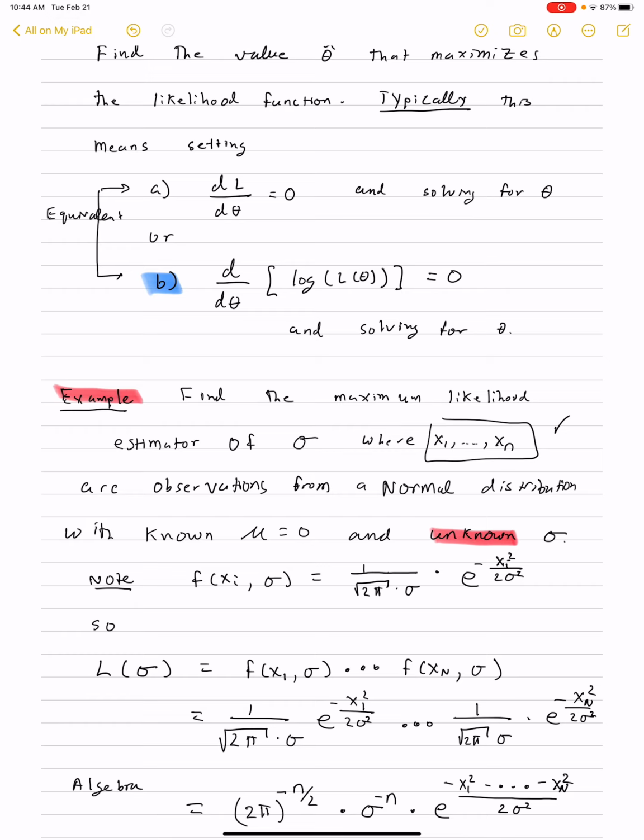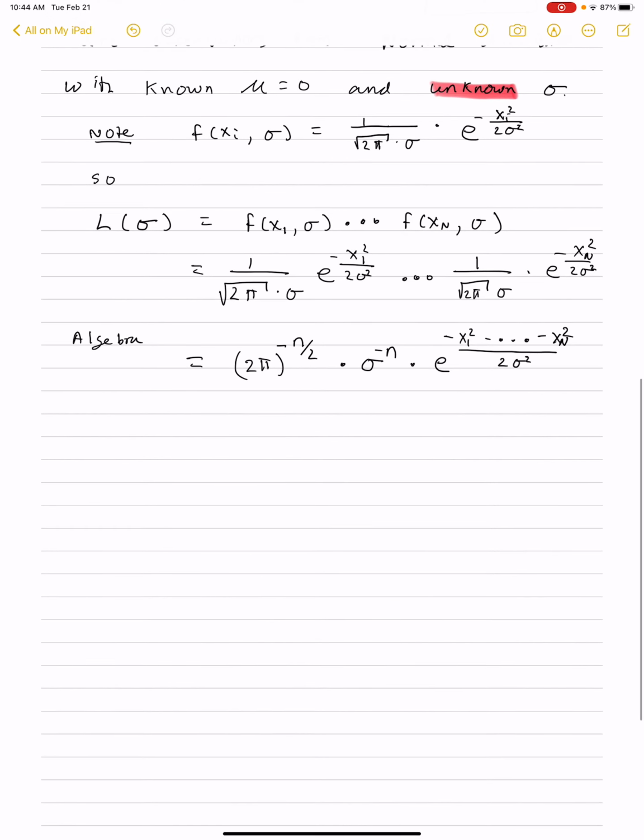Okay. Now, in the example above, it says take the derivative, set it equal to 0, or take the log of the likelihood and set that equal to 0. So here, the log of the likelihood is going to be the log of all of this. And we can use the properties of exponents. Now multiplications become additions.